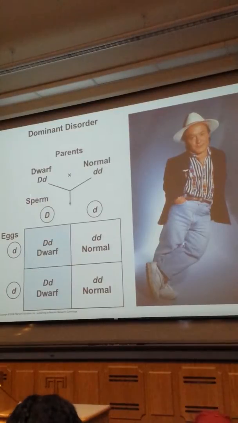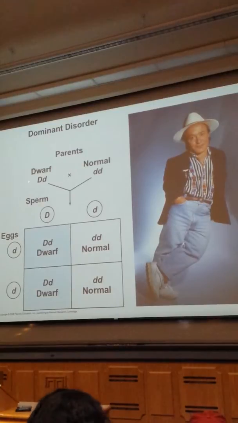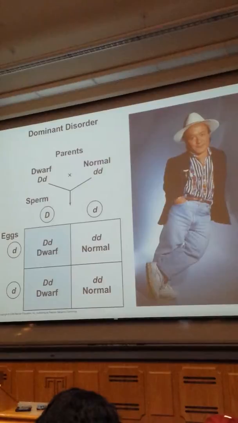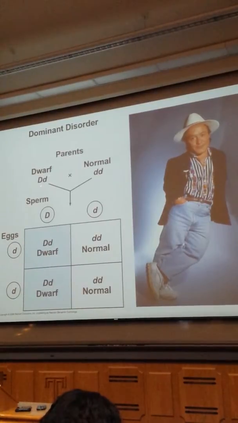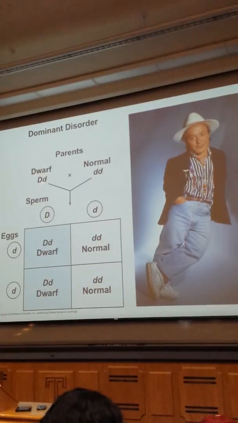So because it's a dominant disorder, because that mutant fibroblast growth factor receptor has a dominant effect on embryonic and fetal development, an individual who's a dwarf has one dominant mutant allele, one normal allele.